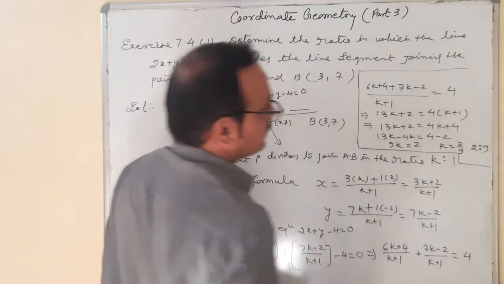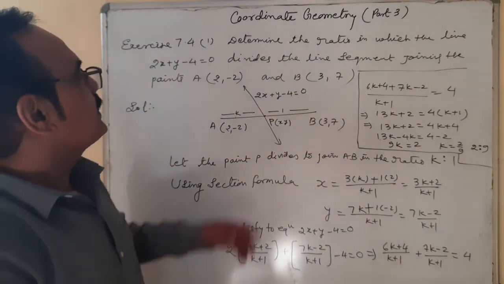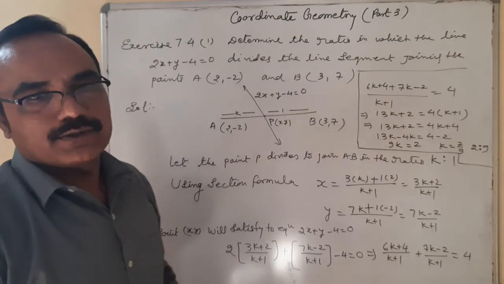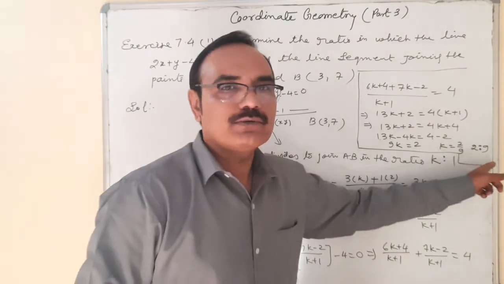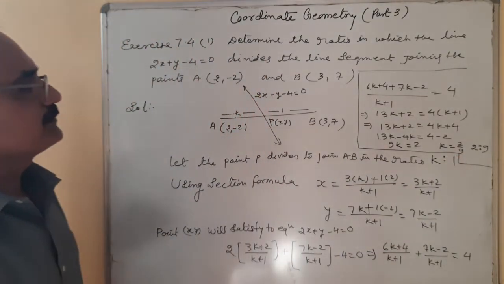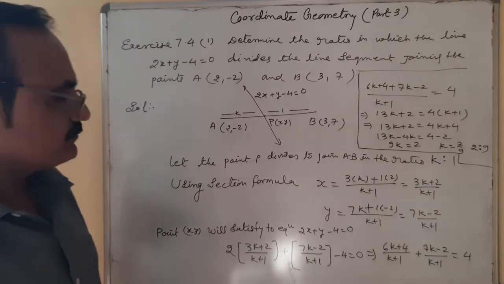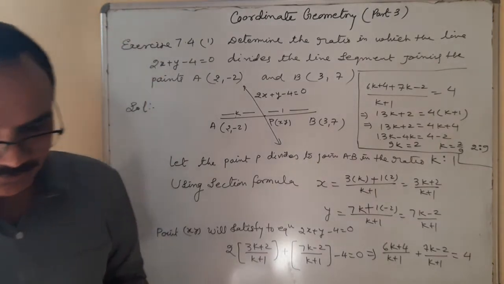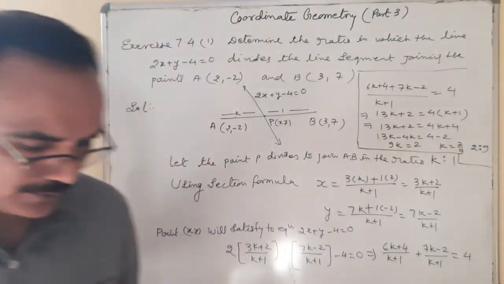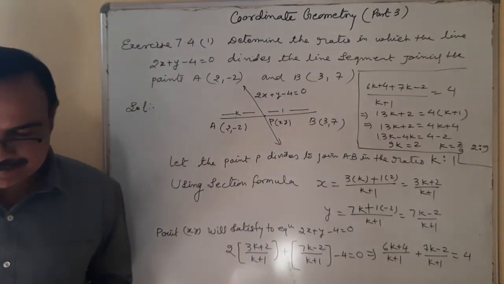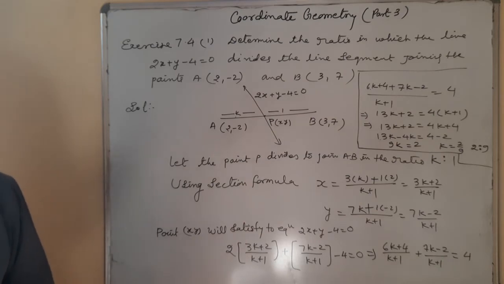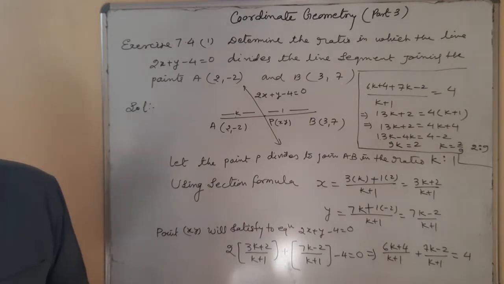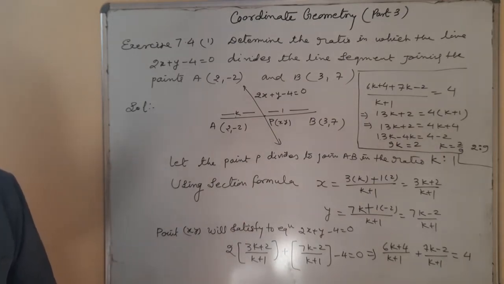So what is the question? The question is to determine the ratio. So the ratio is 2:9. Got it? One more question I want to take from this exercise. Question number 3.